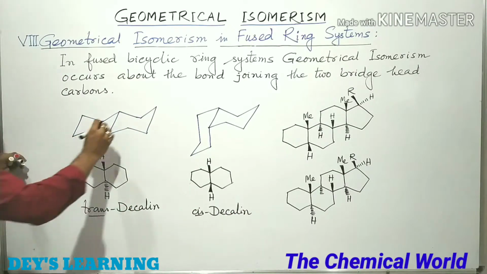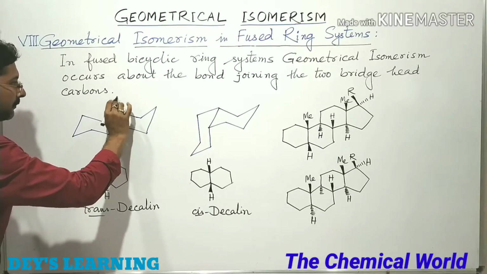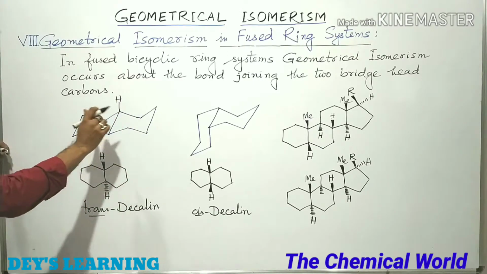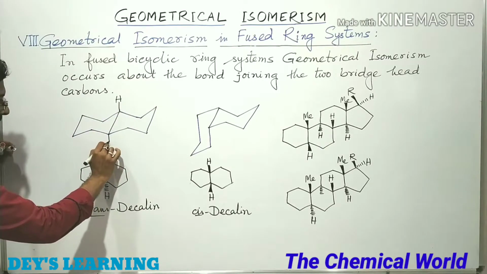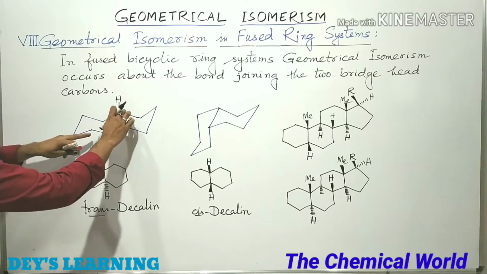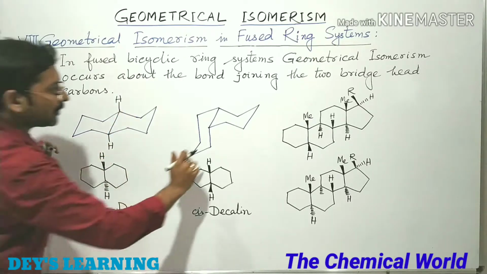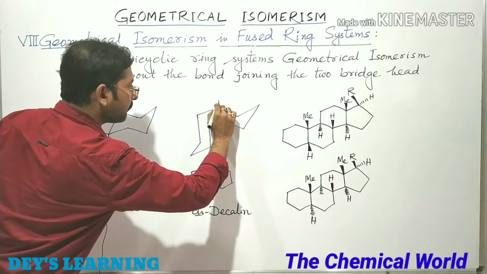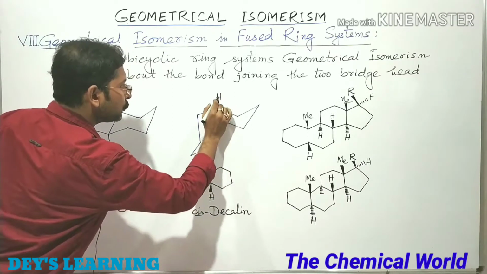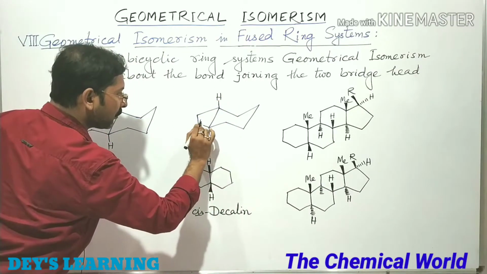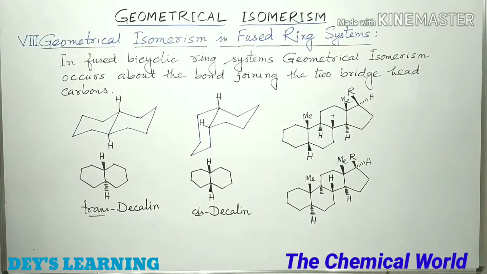Look at here. Here, the hydrogen atoms attached to the two bridgehead carbons are actually trans, and here the hydrogen attached to the two bridgehead carbons are actually cis.